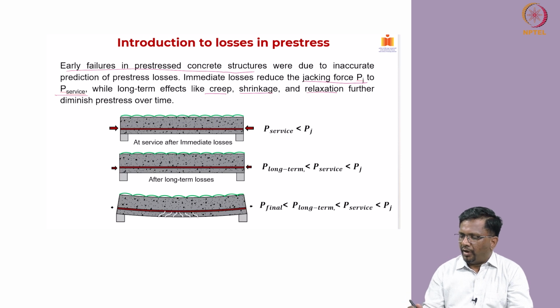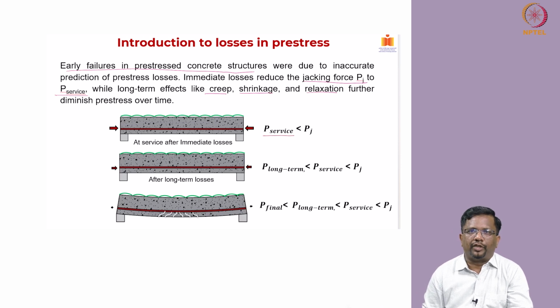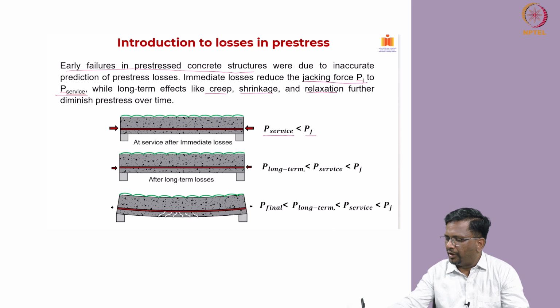Now, if you look at the service stage immediately after the immediate losses, you understand that P service is definitely going to be less than Pj, which is your jacking force, right.